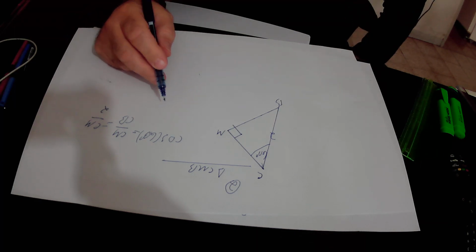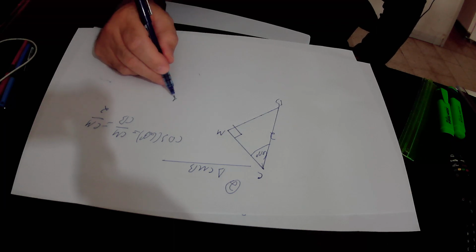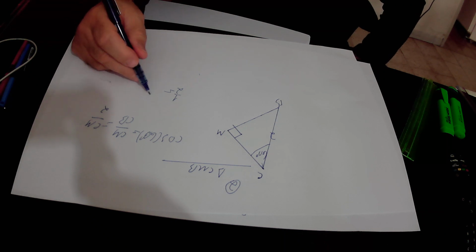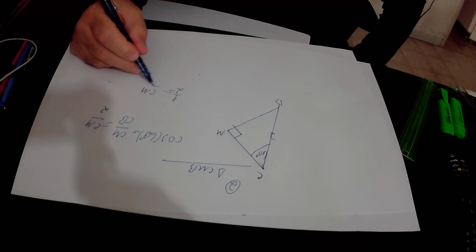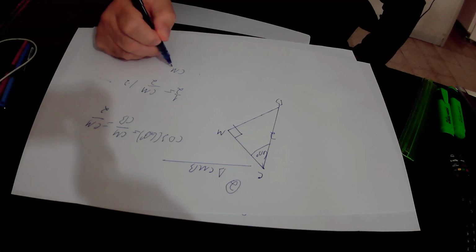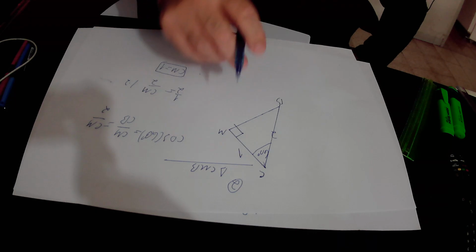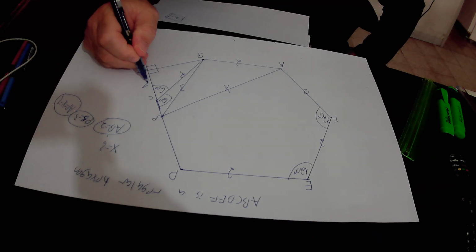Cosine 60 degrees is 1/2, so we substitute it: 1/2 equals CM over 2. Here we multiply this equation by 2 and we get that CM equals 2 over 2, that is 1. So we found out that CM equals 1 unit.